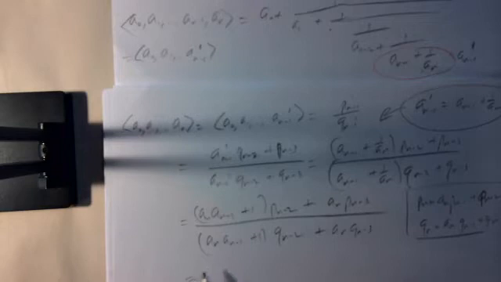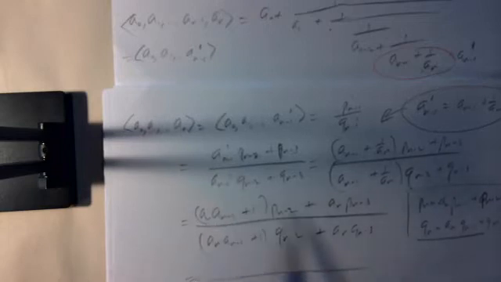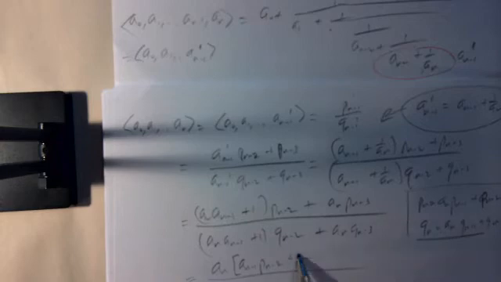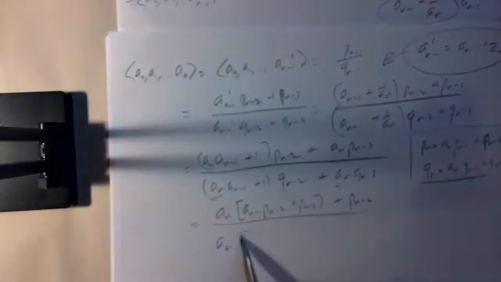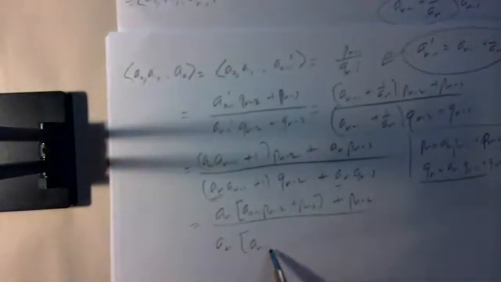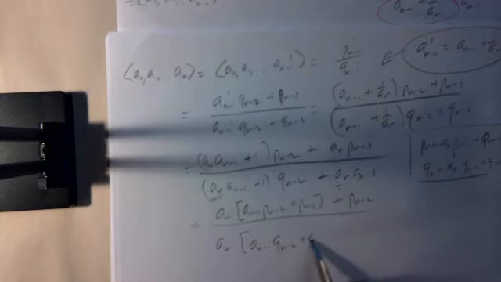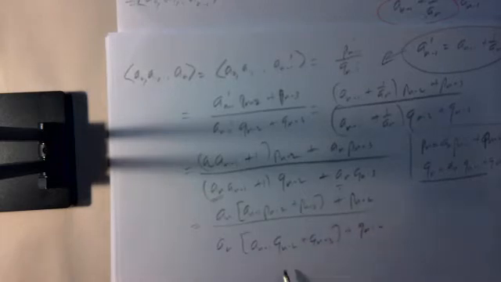So let's see, what do I have here? I can factor out an a n. I have a n times a n minus 1 p n minus 2 plus p n minus 3 plus p n minus 2. And if I factor out an a n in the denominator, I get a n minus 1 q n minus 2 plus q n minus 3 plus q n minus 2.